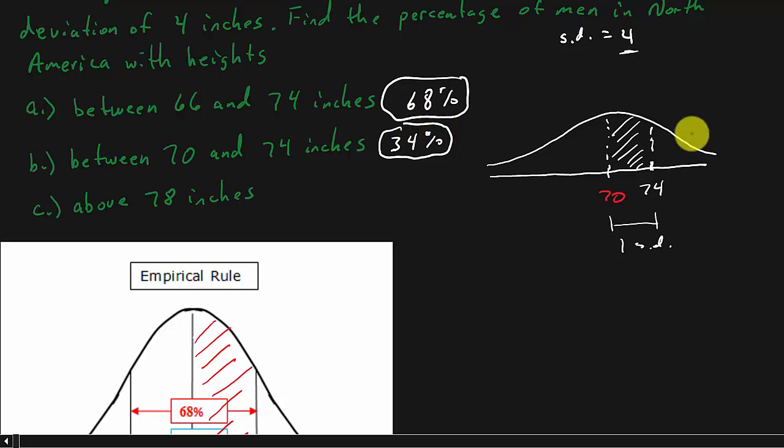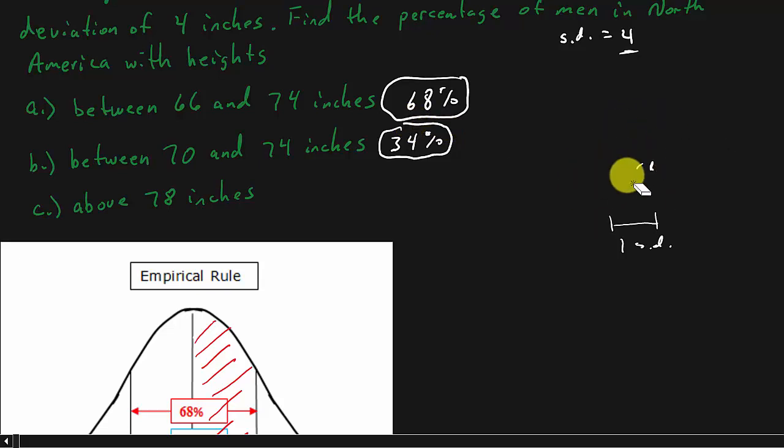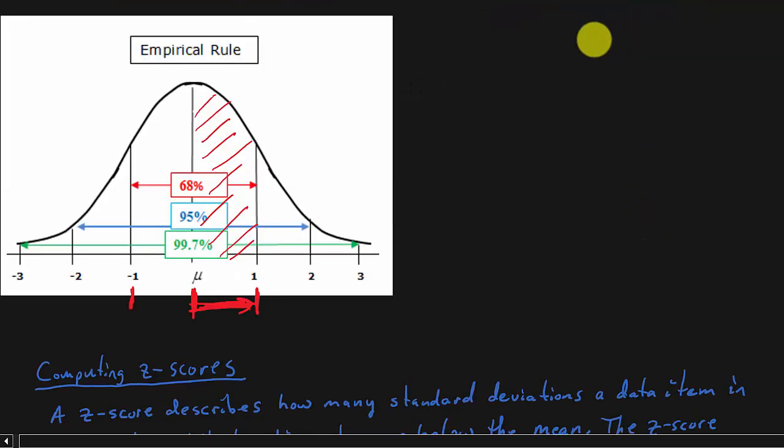Okay, see, it's really helpful to know this thing, this right here. And I would say, when you're taking a test or something, just sketch this out real quick. Put the -3 to 3, and then the first one 68, 95, and 99.7.